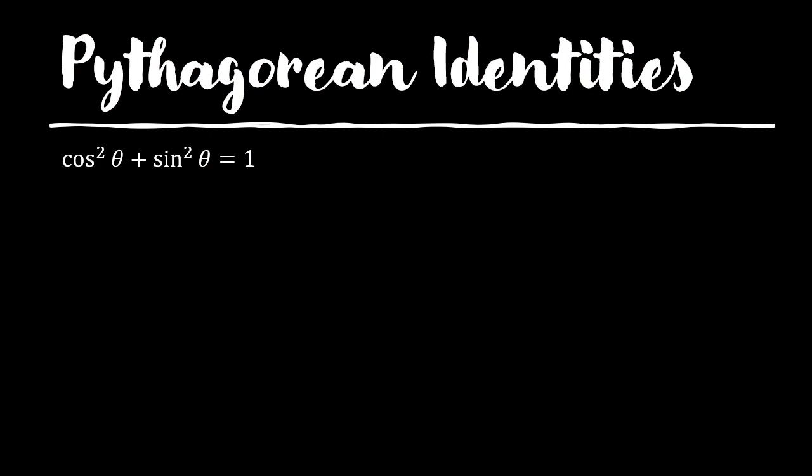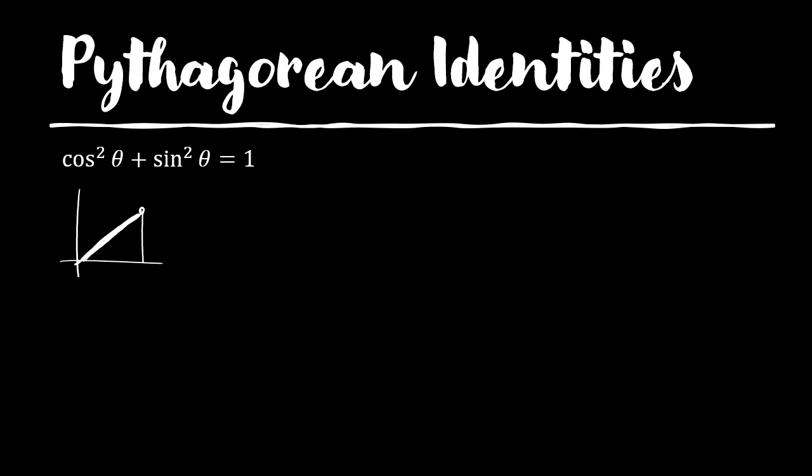Let's start with that first one. Cosine squared plus sine squared is equal to 1. So again, we're going to back up, look at the unit circle. I'm going to draw out just a little set of axes, and let's say this point is actually on the unit circle. So let's draw out our reference triangle. Let's pretend that actually gets to our origin there.